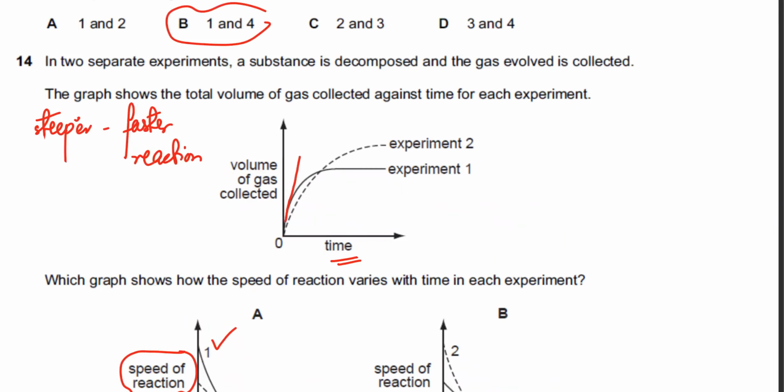But then after some time, what happens? Experiment 1 slows down. Its curve becomes completely flat, which means the reaction has stopped. But experiment number 2 is still going on. The gradient is still not 0. So after some time, experiment number 2 is the faster one, and experiment number 1 is the slower one, because experiment number 1 has practically stopped.